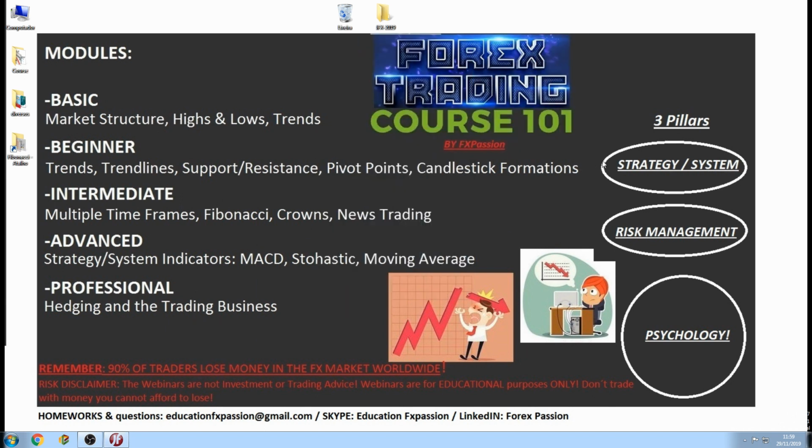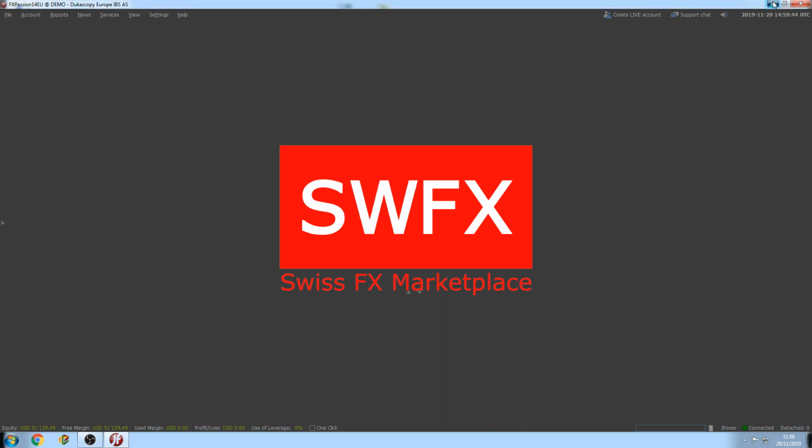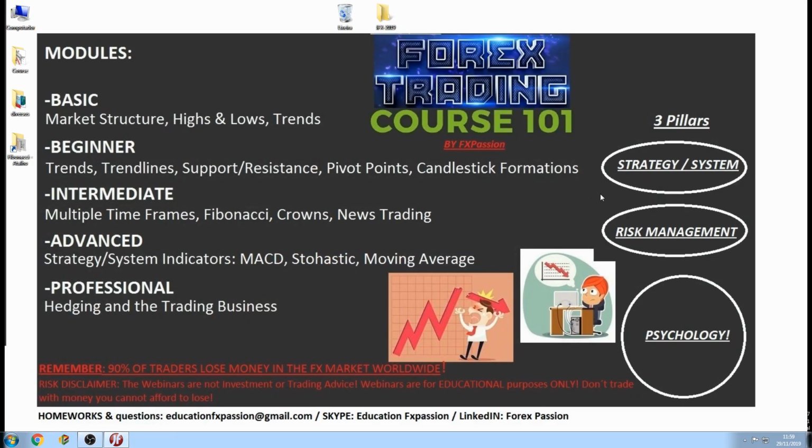Remember the three pillars. We are trying to build a strategy and/or a system. In the past week we learned how to build a strategy. In this week we are learning about crowns. What is a crown? What is a crown reversal? We are also trying to understand how risk management applies to our strategy and system, and the big one, the psychology part.